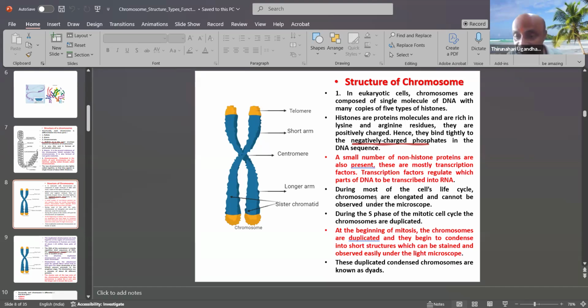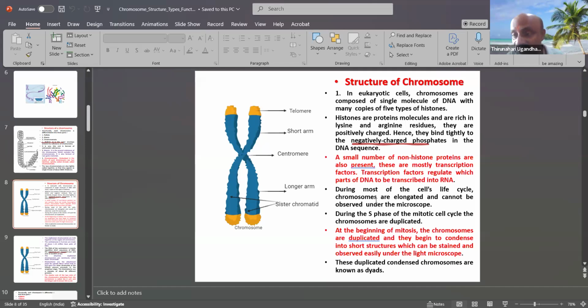During the cell's life cycle, chromosomes are elongated and cannot be observed under the microscope. In the synthetic phase of the mitotic cell cycle, the chromosomes are duplicated.